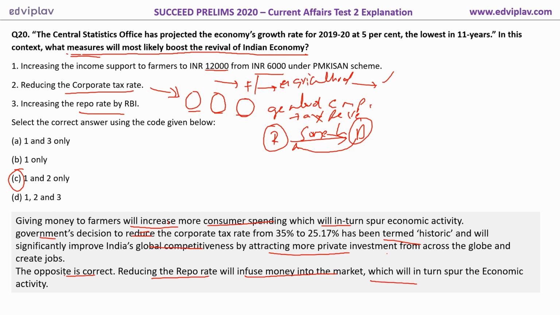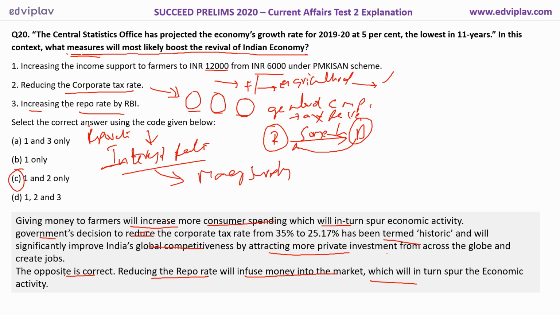Repo rate does not directly affect economic activity, but to some extent it does, because whenever the repo rate is less, banks' interest rates will also be less. Then the money supply to industries and agriculture will be more, as less interest is charged. In that way it will boost economic activity. Hence, only 1 and 2 are correct. Option C is the right answer.